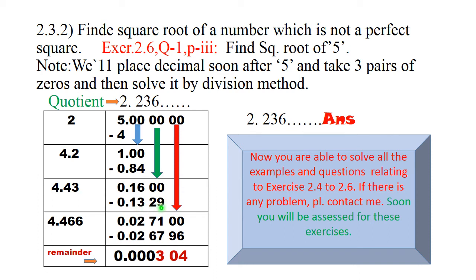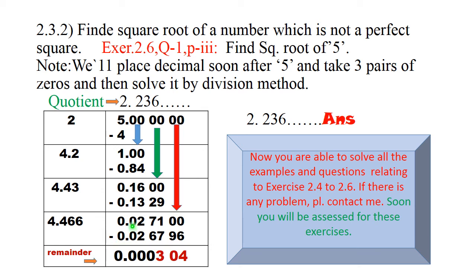Subtracting it, we are left with 0.0271, and having the last pair from above, we are left with 0.027100.